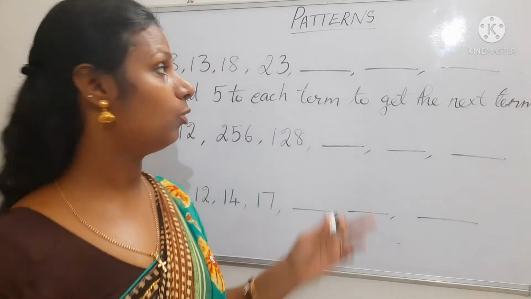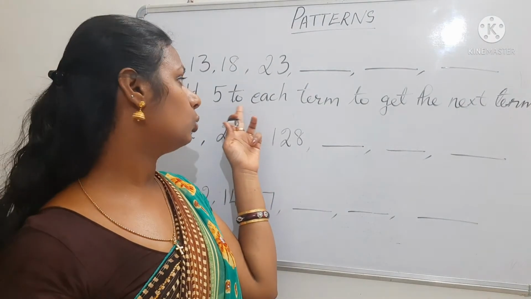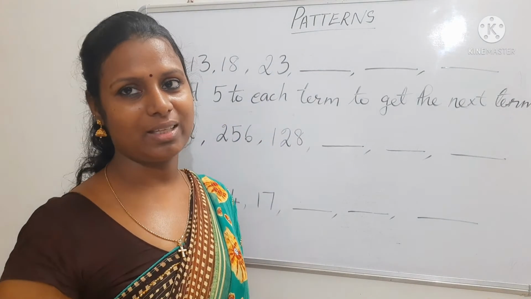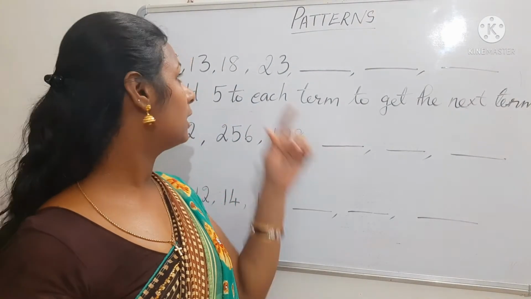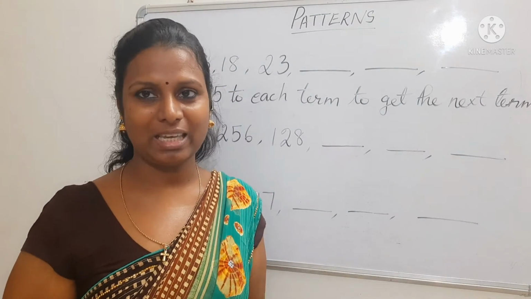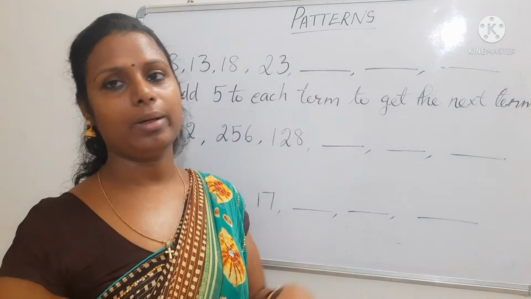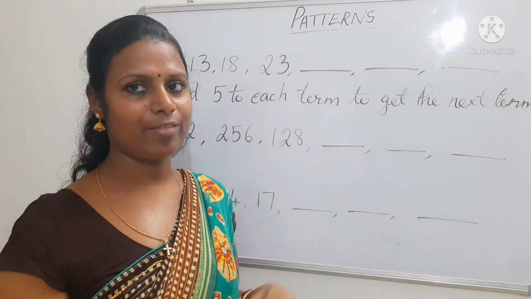Understood? The rule we have done here is add 5 to each term to get the next term. हर नंबर के बाद हर एक नंबर के साथ इन लोग 5 प्लस किया है, तो 5 प्लस करके हमें अगला नंबर मिलेगा. This is the rule I have written here.